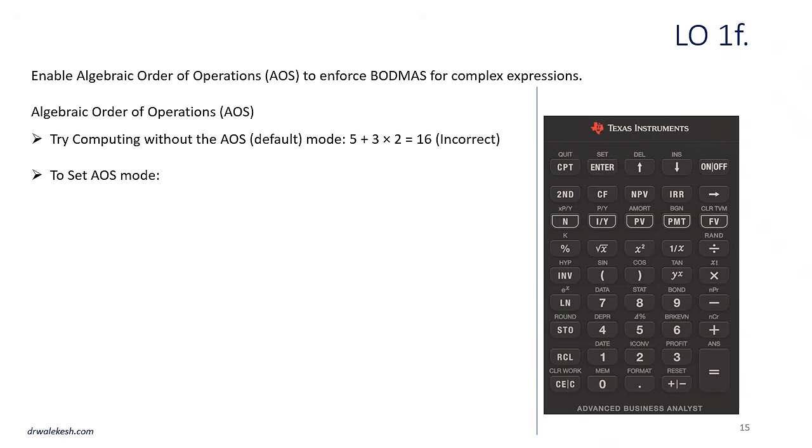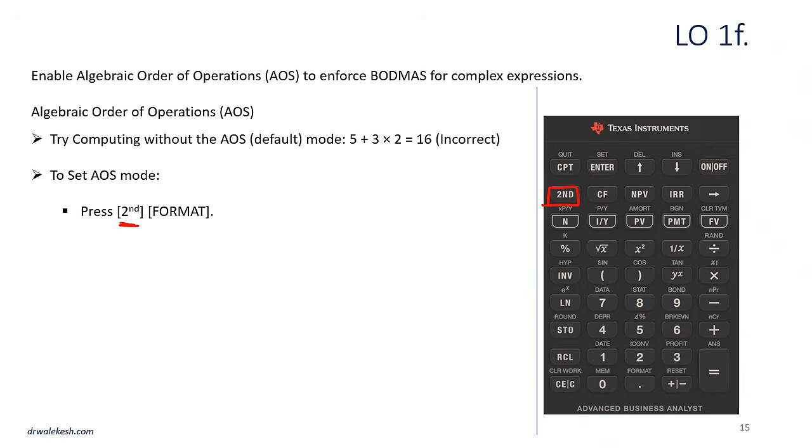To set your financial calculator to AOS mode, that is, you want your financial calculator to enforce BODMAS. How do you do that? The first thing you need to do is to press second function.